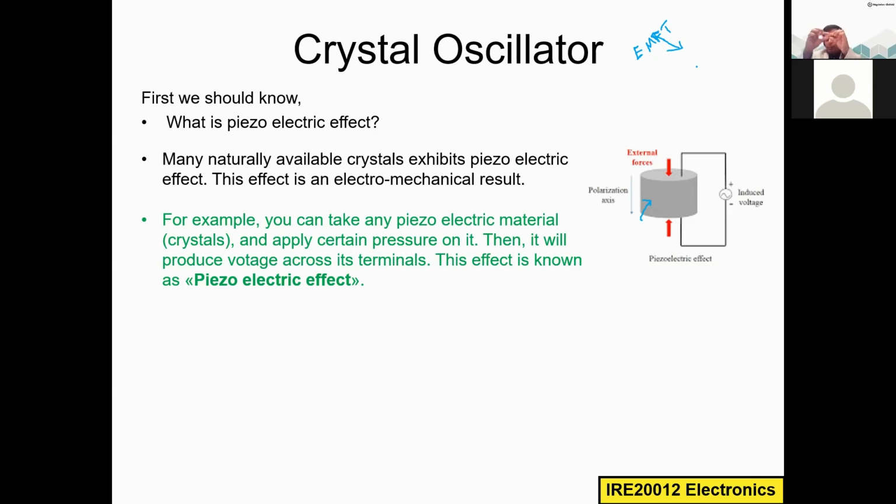The same pole will repel each other. Opposite poles will attract each other, right? So if you have two magnets, this is the north pole and this is the south pole, and here we have the north pole and the south pole. If you bring these two magnets very near to each other, then they will repel each other. They cannot come close to each other because they are the same pole.